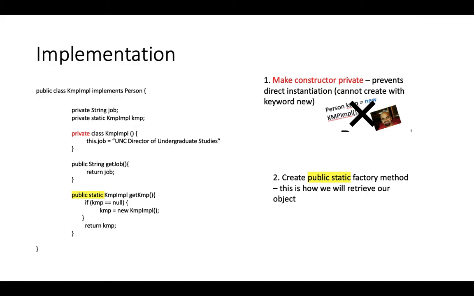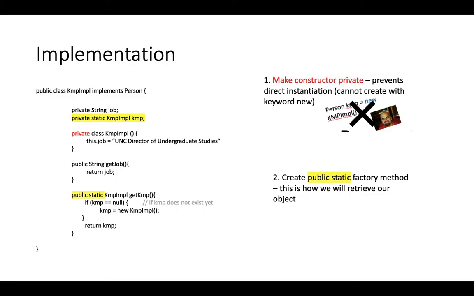So basically, what you can see is the method checks to see if our instance KMP equals null. If it equals null, which means it hasn't been created yet, it doesn't exist, we create the one instance of our object. Otherwise, we just return the instance that has been created.